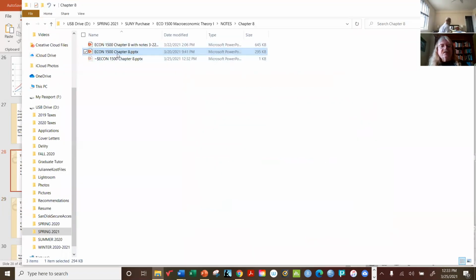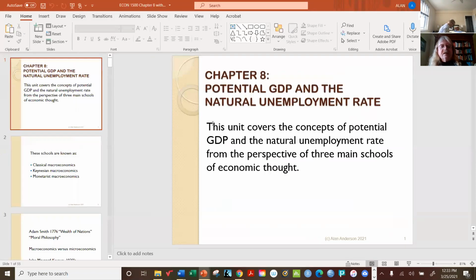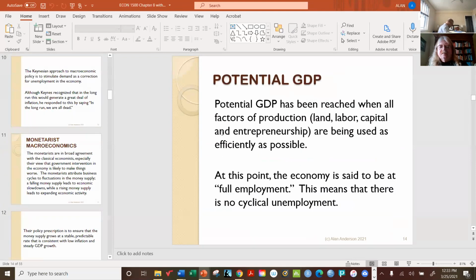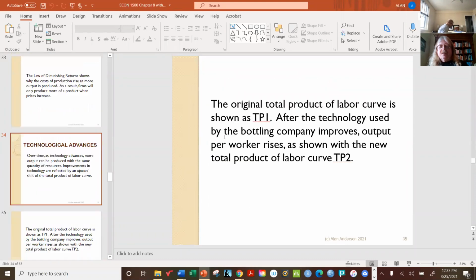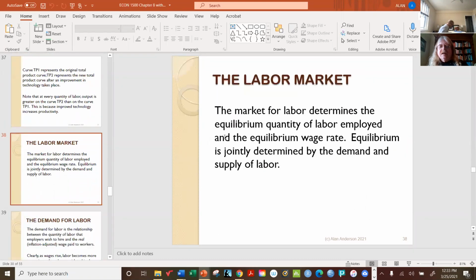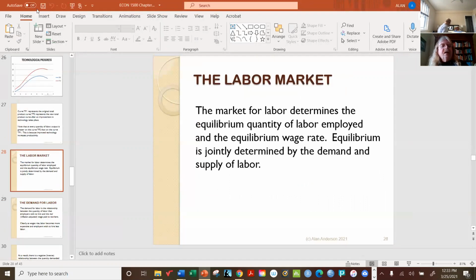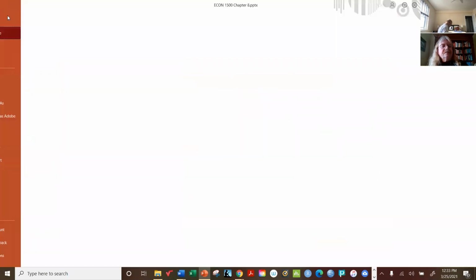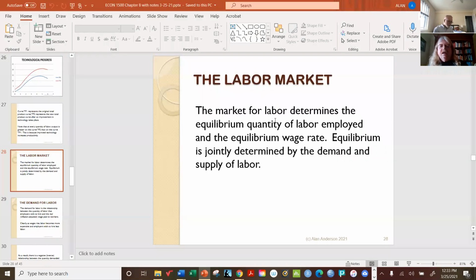I'm pretty sure that's where we left off. Yeah, we pretty much covered everything about the law of diminishing returns, and so now we're ready for the labor market. All right, let's do this. First, let me save this for a second. Today's the 25th.